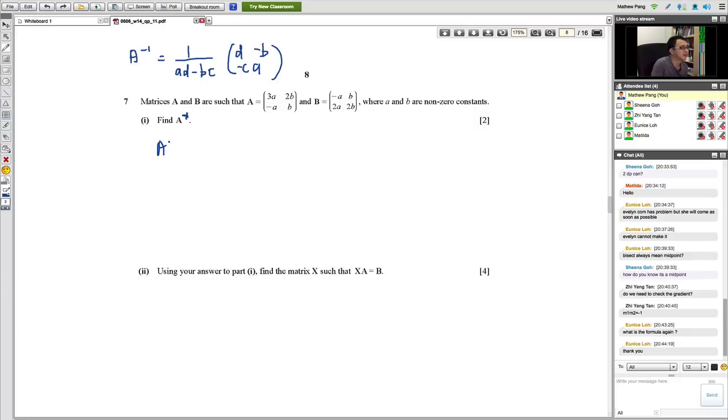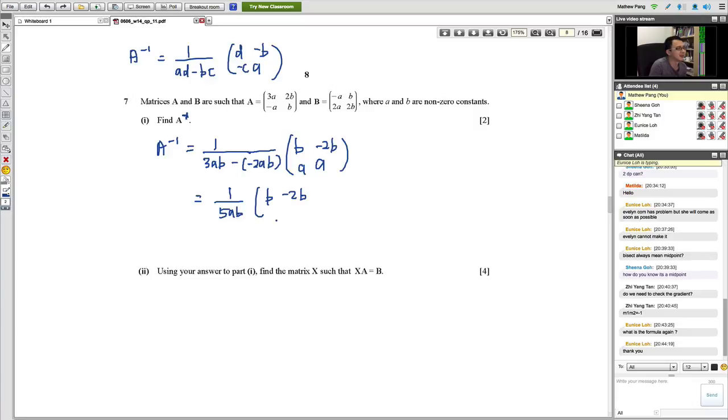So the inverse matrix equals 1 over AD, meaning this one multiply this one. Alright, so it will be 3AB. BC, meaning this 2, minus BC is negative 2AB. And then D and A you shift place. B and C add a negative. Negative 2B, positive A. Alright, this one is 1 over 5AB, and then B, negative 2B, and then A and A. Okay.